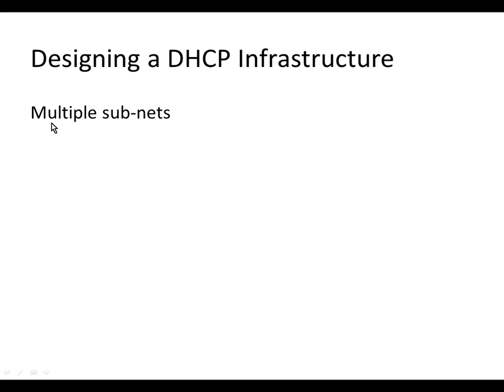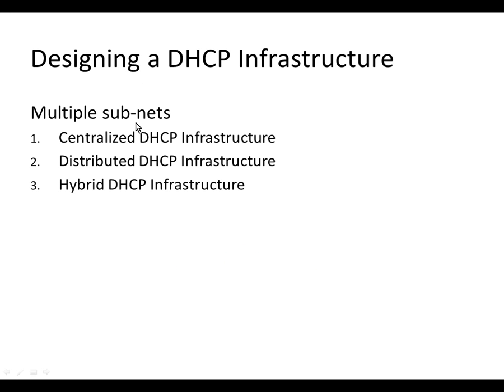However, if you have multiple subnets, there are 3 ways to go. You can implement a centralized DHCP infrastructure, you can implement a distributed DHCP infrastructure, or you can implement a hybrid DHCP infrastructure.